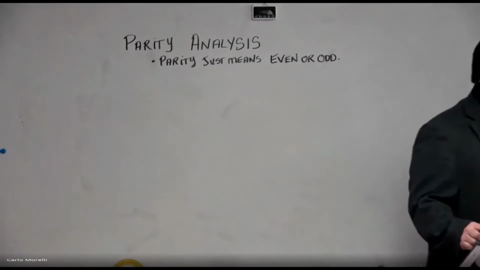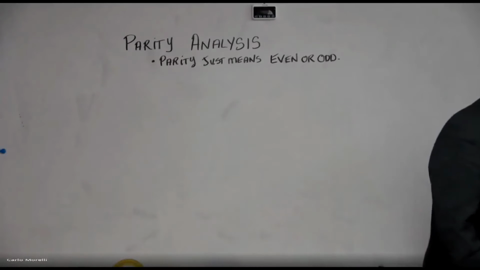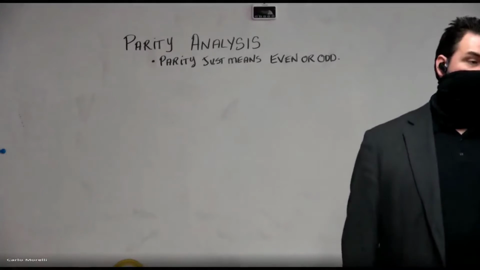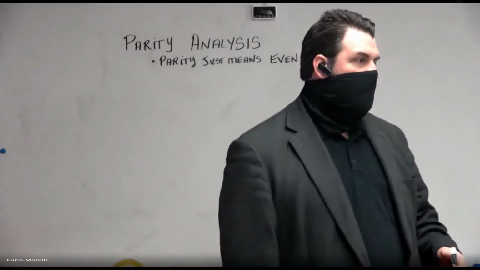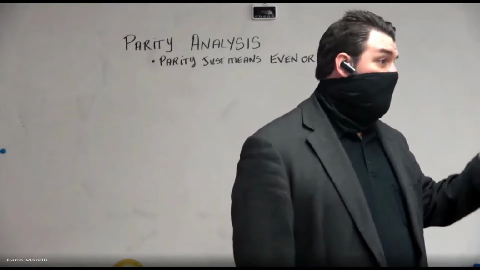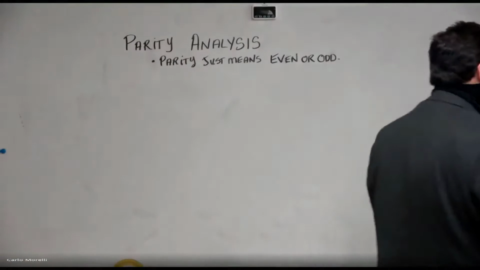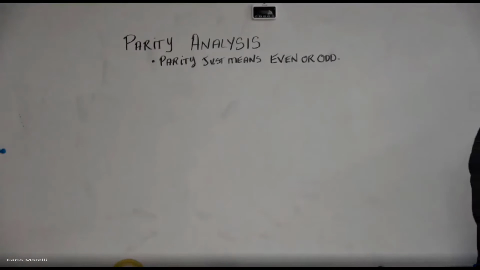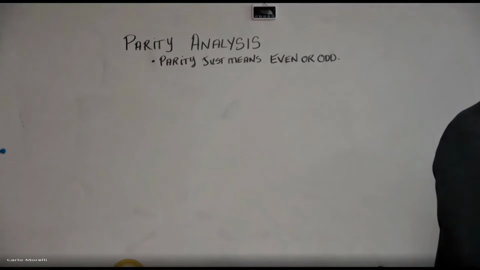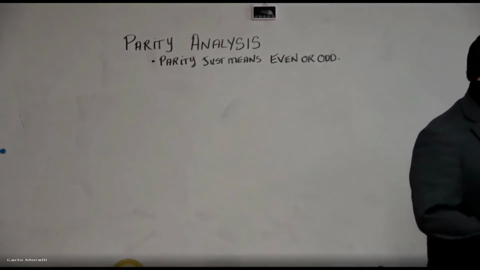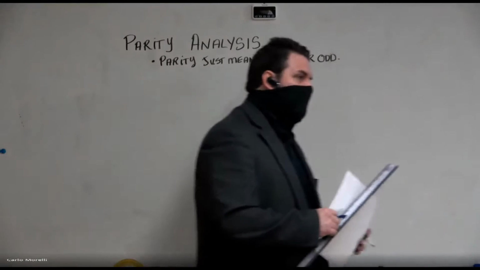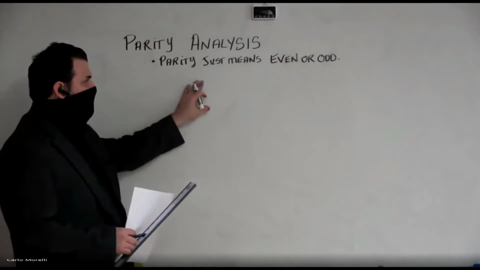Could be simpler, right? Parity just means even or odd. So if I ask you for the parity of 3, you would say that 3 is odd. If I ask you the parity of 4, you would say the parity of 4 is that it's even, right? Like I said, there's nothing more to read into that. Parity just means even or odd.